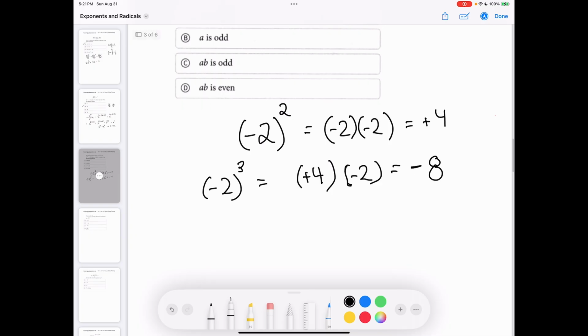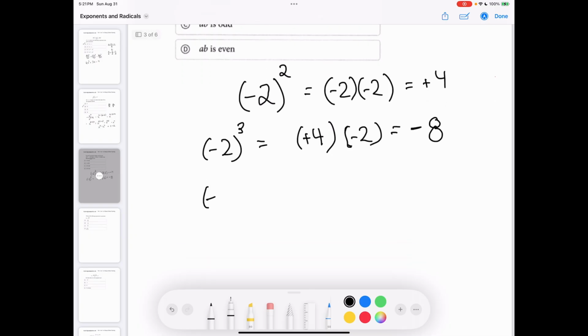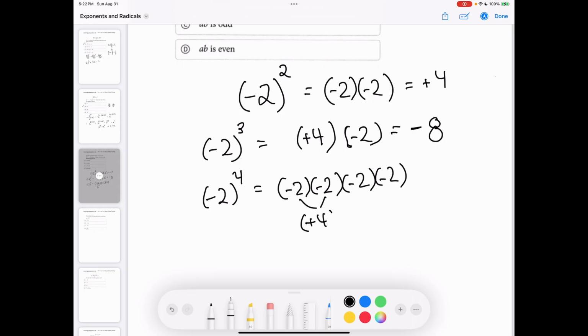Okay? So if I were to do -2 to the fourth, that's going to end up being -2 times -2 times -2 times -2, right? This is equal to +4, and this is equal to +4. Again, I have two numbers multiplied that have the same sign. If they have the same sign, my end result will be positive, right? Okay, so you kind of see a pattern here.